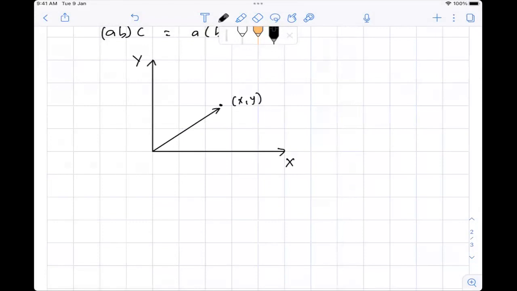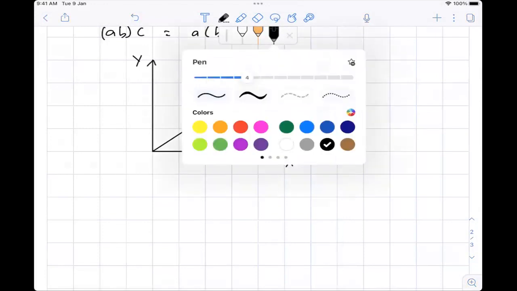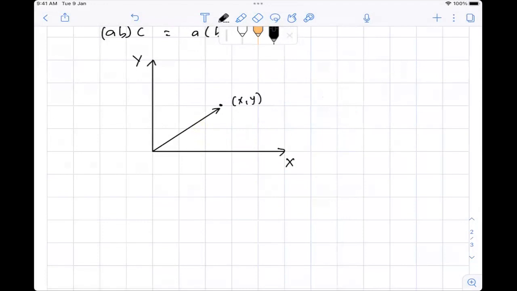Now I want to see what happens when you rotate it by some angle theta. Let's say this is the new coordinate system, so that it becomes X prime and Y prime.